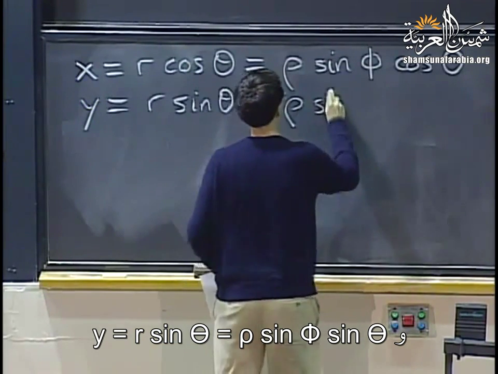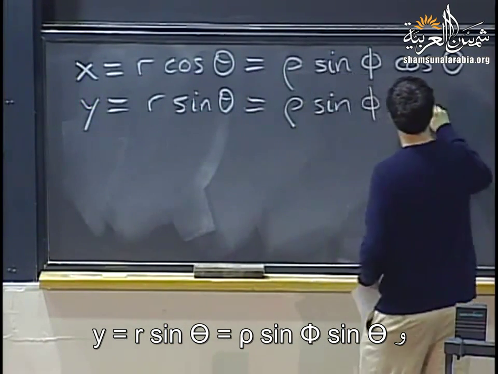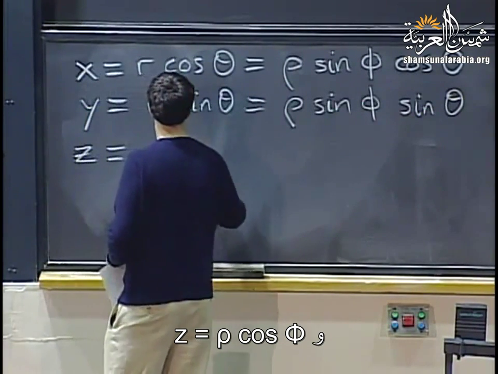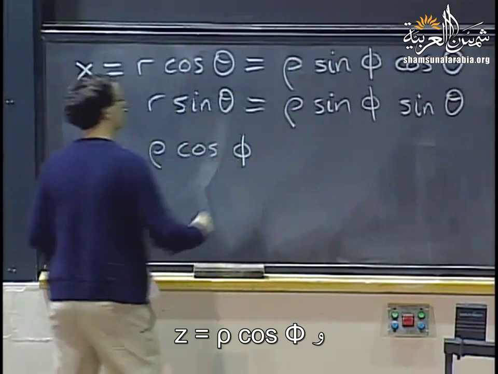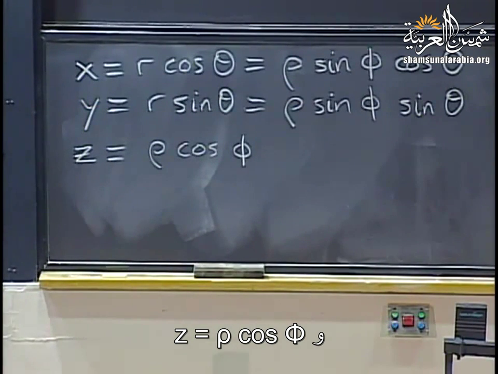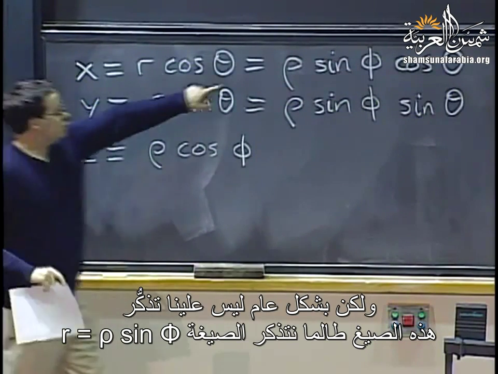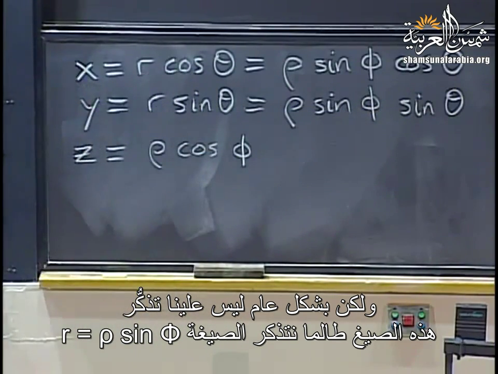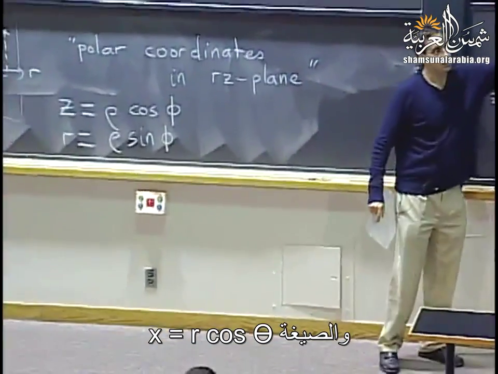So that becomes rho sine phi sine theta. And z is rho cos phi. But basically, you don't really need to remember these formulas as long as you remember how to express r in terms of rho sine phi and x equals r cos theta.